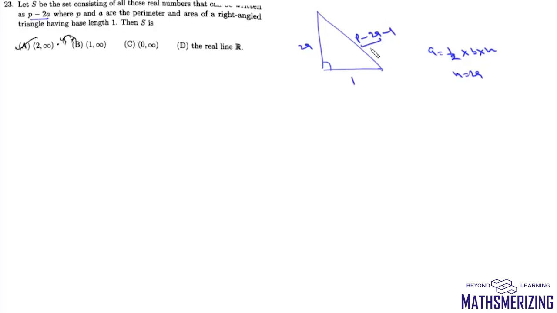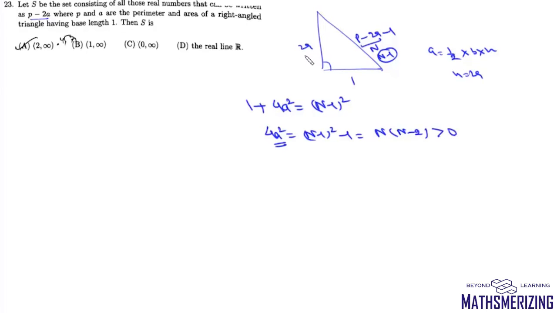We write P minus 2a as some number n, so it will be simply n minus 1. Now if we use Pythagoras theorem, we can write 1 plus 4a square equal to n minus 1 square. So we write 4a square as n minus 1 square minus 1, so it will be simply n into n minus 2. Now we know that 4a square will always be greater than 0 because a side cannot be negative or 0.